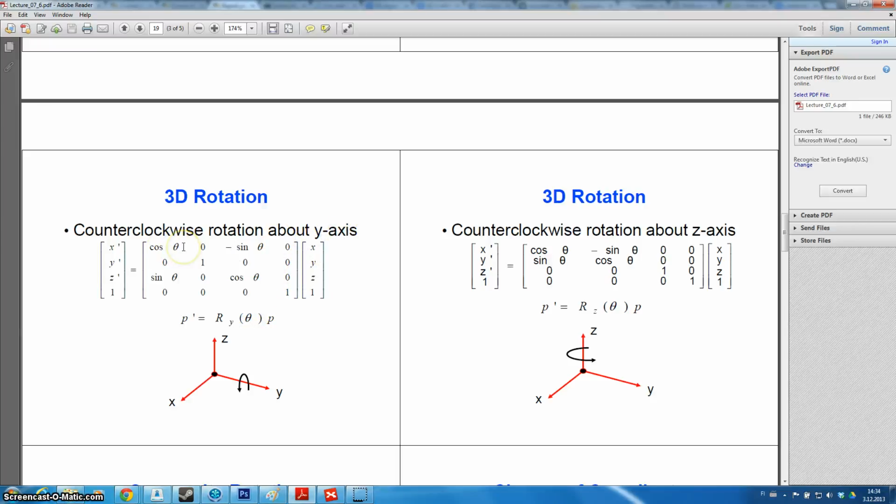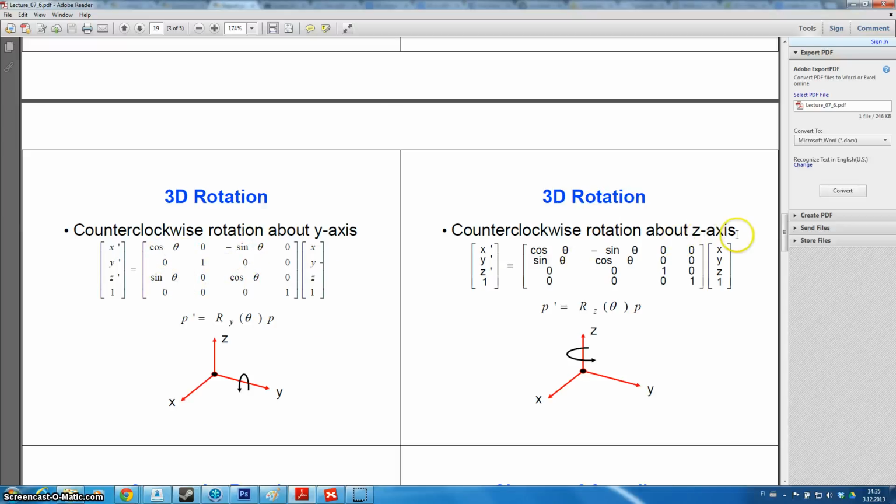So for the y-axis it is cosine theta, because it's y, you see that this row over here is unchangeable, and we change only the x row and z row over here, and we change those by cosines and sines.